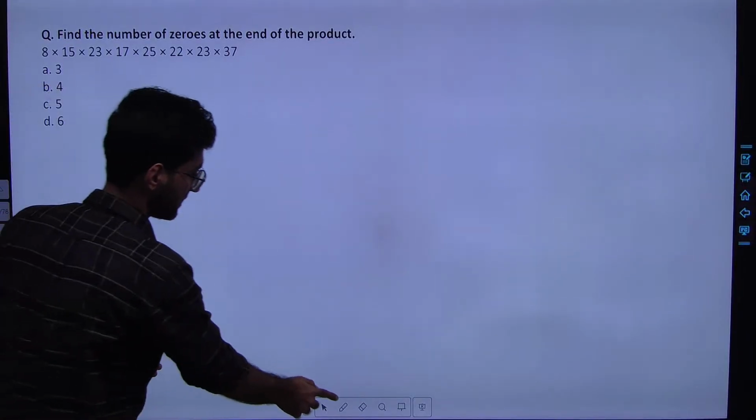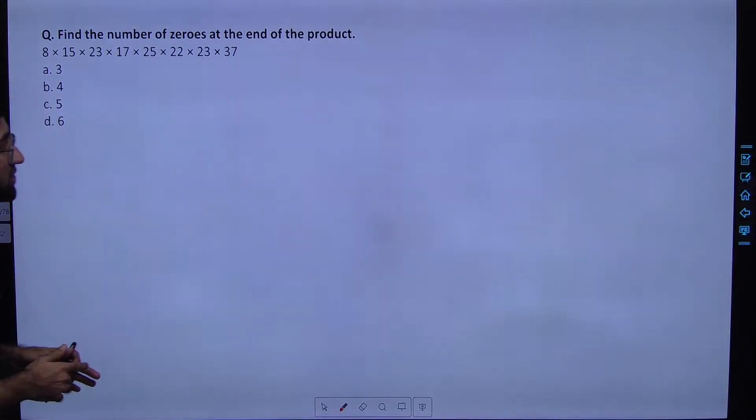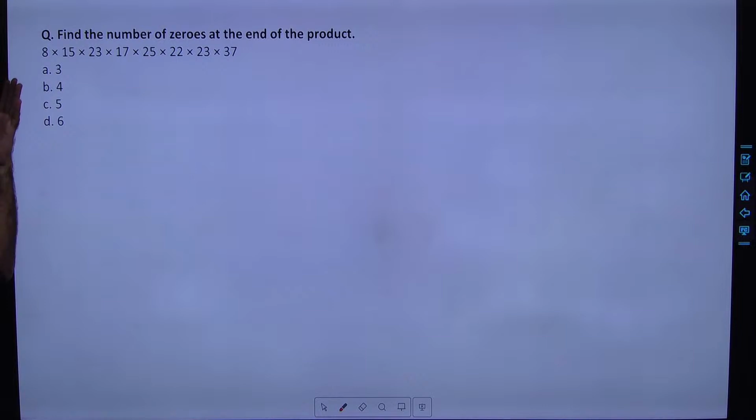Now, try to solve this question and think about how you will apply that concept in this question. I will give you one hint. You can write 8 as 2 to the power 3. You can write 15 as 3 into 5, means 3 to the power 1 into 5 to the power 1.